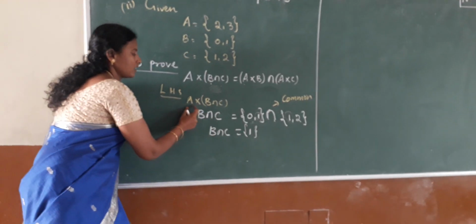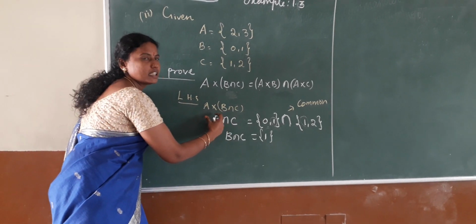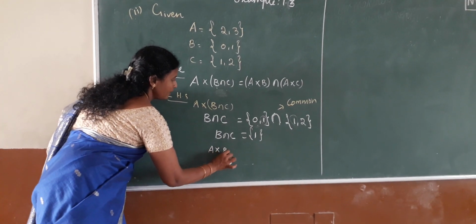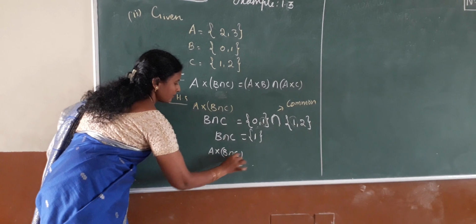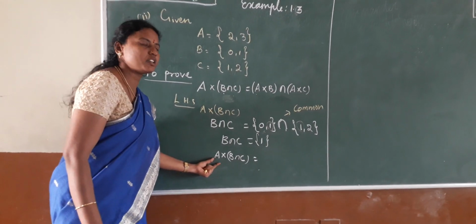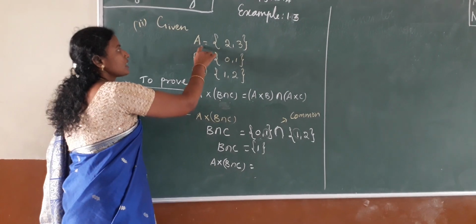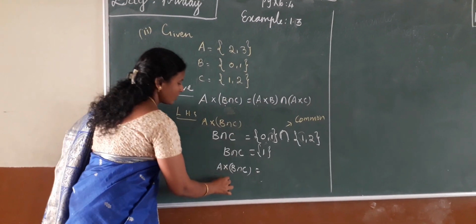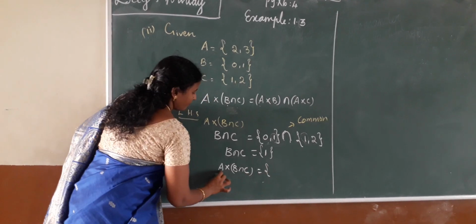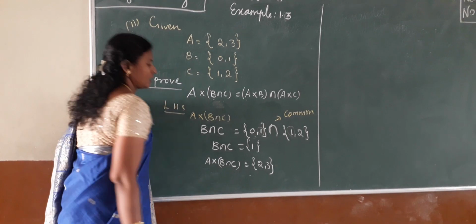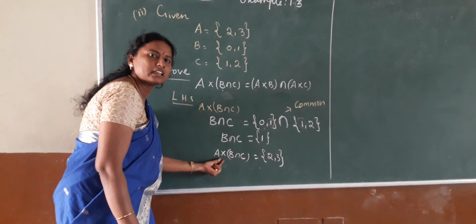And then next we find A cross. So A × (B ∩ C). Then we apply the value of A. What is the A value? See the question, the given value is A = {2, 3}. So you write the A value as 2, 3. And then what is the symbol here?